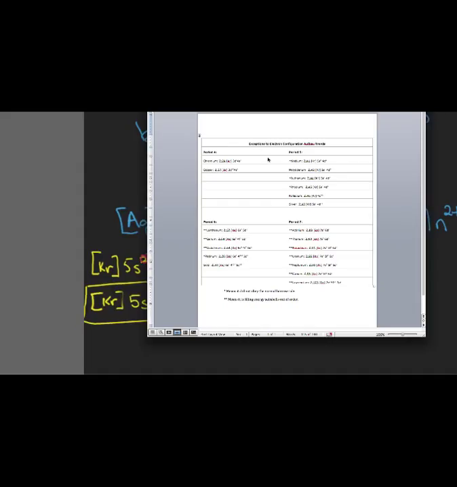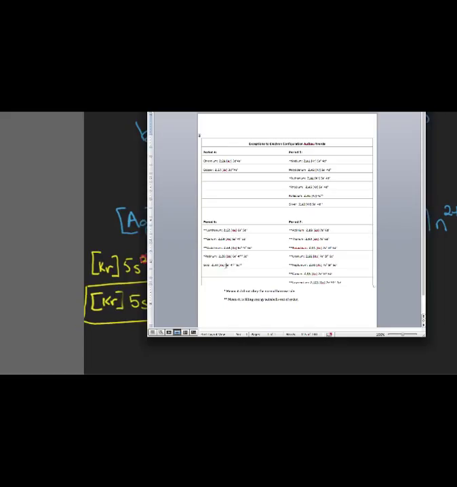One asterisk means that it did not follow the normal borrow rule, meaning it's going to borrow electrons from the s subshell to make the d more stable by making it half full or completely full.